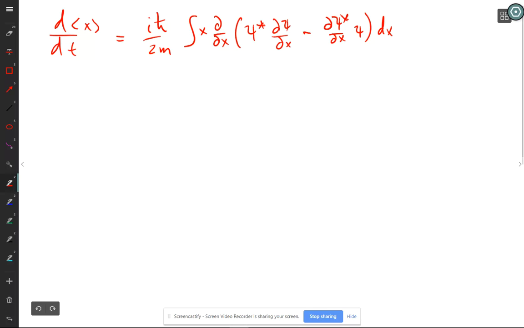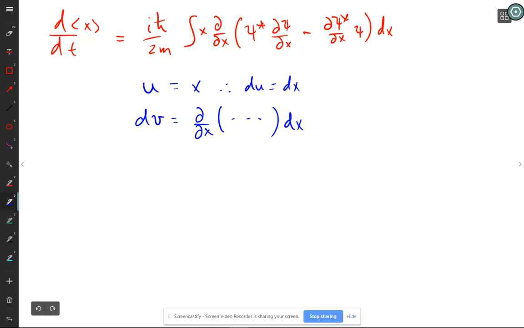Okay, so there's our equation, and we have to define a u is equal to x. Therefore, du equals dx. That's pretty simple. And that leaves dv is equal to the partial derivative with respect to x, and I'm just going to put a big parenthesis here to represent all that stuff, dx. And so if that's dv, what is v equal to?